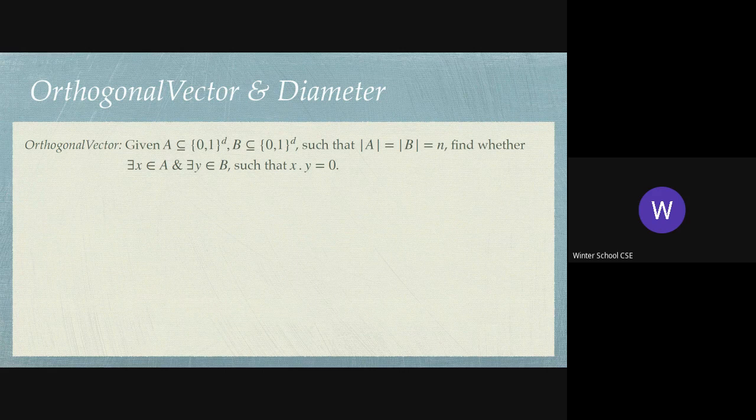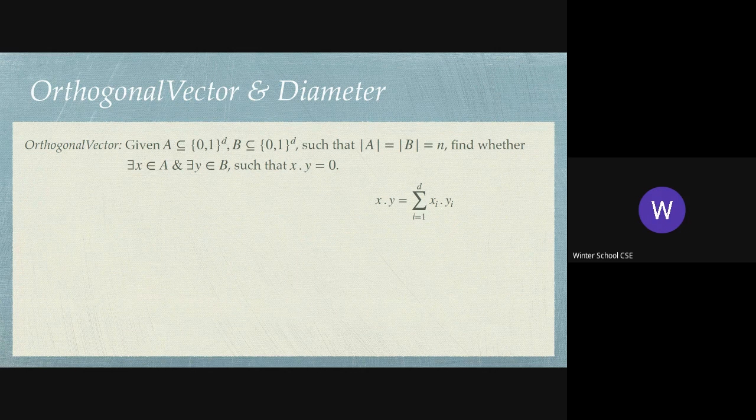The problem is to find whether there exists an x in A and a y in B such that they are orthogonal. So x dot y, I believe everyone knows, is this: you multiply all the coordinates and then sum them.